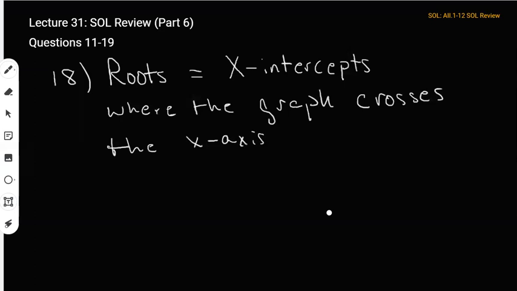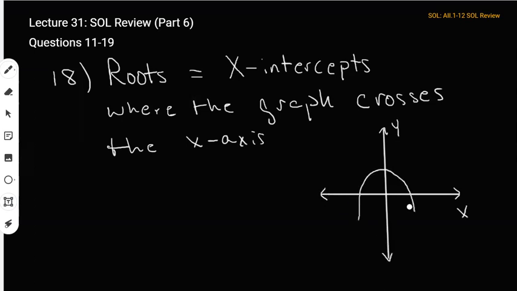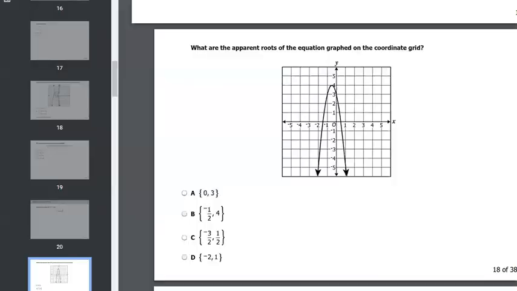So I want to know where this graph is going to cross the x-axis. If I have my little graph right here, I know that this is going to be the y-axis and the x-axis. I'm looking at where the graph is going to cross the horizontal axis. So basically, I'm looking here and here. So going back to our graph, where does it cross the x-axis?